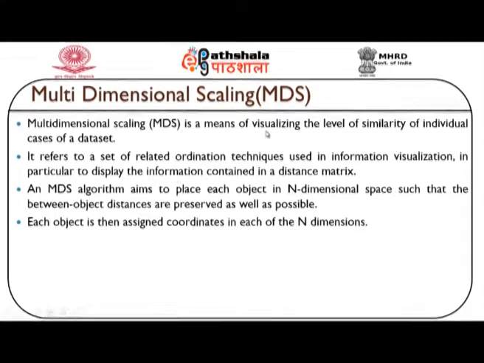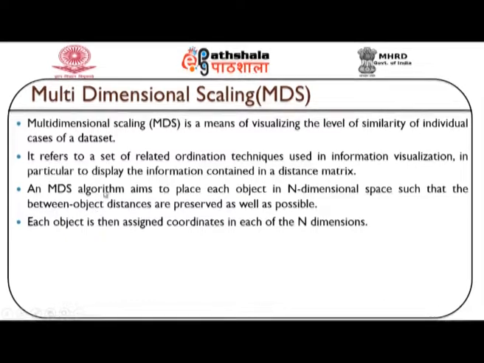The next kind of dimensionality reduction technique is the multidimensional scaling approach, which is also called MDS. MDS, or multidimensional scaling, is a means of visualizing the level of similarity of the individual cases of a data set. It refers to a set of related ordination techniques used in information visualization, in particular to display the information contained in a distance matrix.